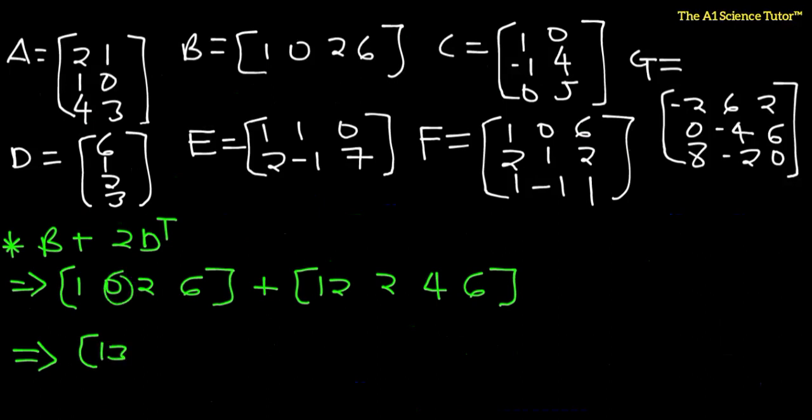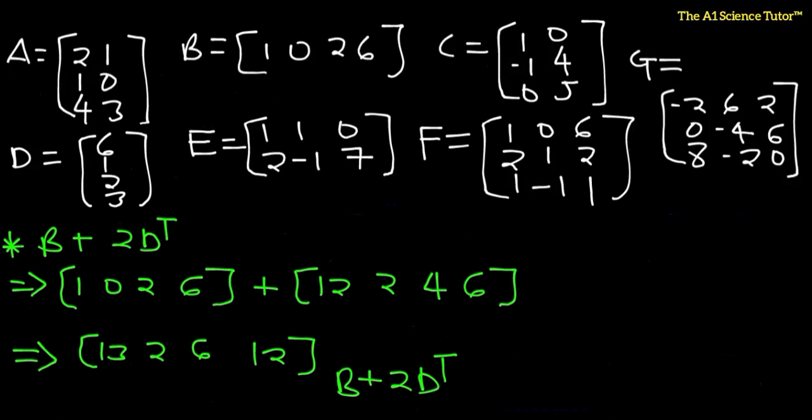And we have 0 plus 2, that is going to give us 2. And there is 2 plus 4, which gives us 6. And we have 6 plus 6, which gives us 12. So this is basically the answer to B plus 2D transpose. That is going to be the answer.